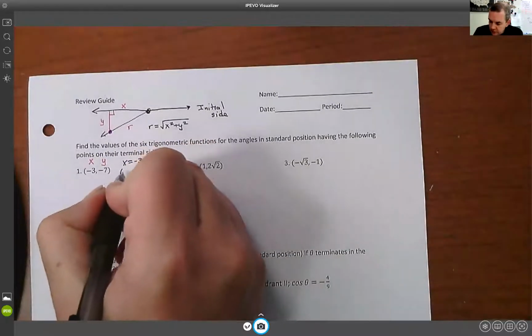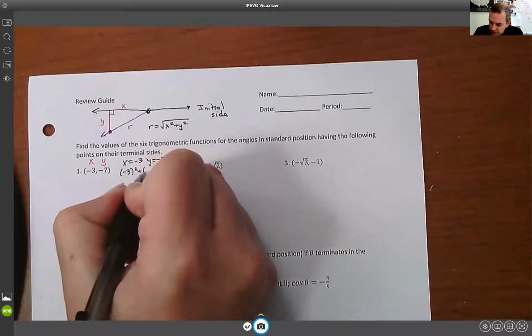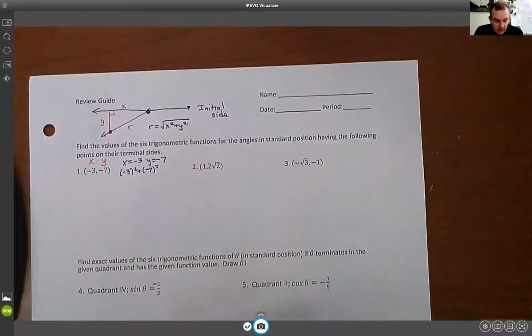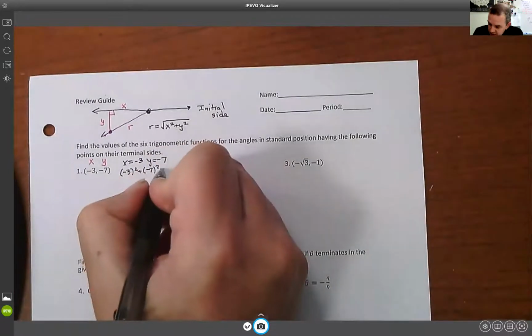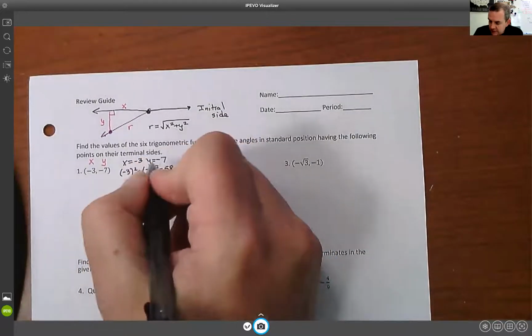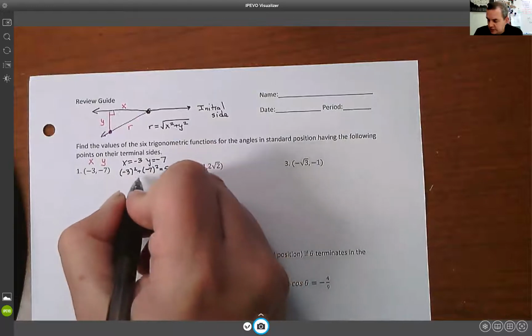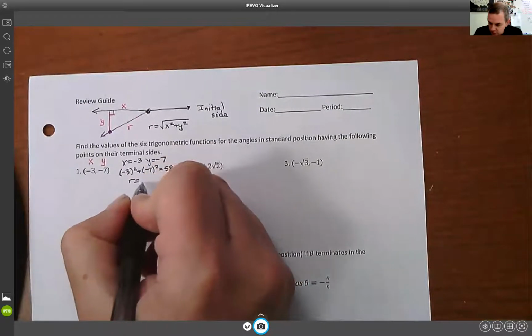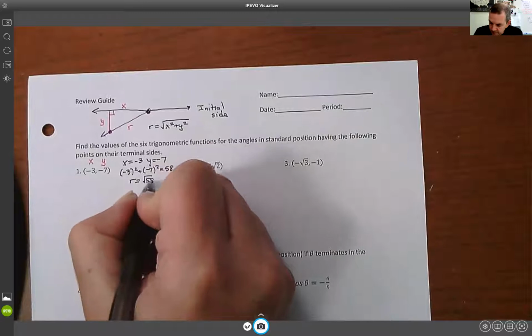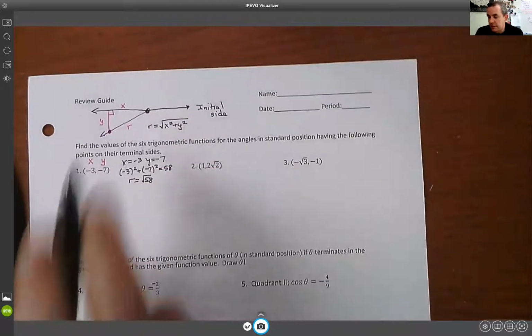So when I do that, -3 squared plus -7 squared, that's going to give me 58. So that tells me that R squared is 58. 58 isn't a perfect square, so that's going to tell me that R is equal to the square root of 58. So again, first thing we do is we figure out the value of R.